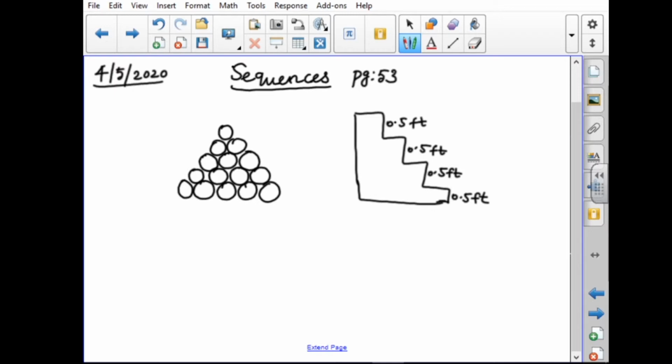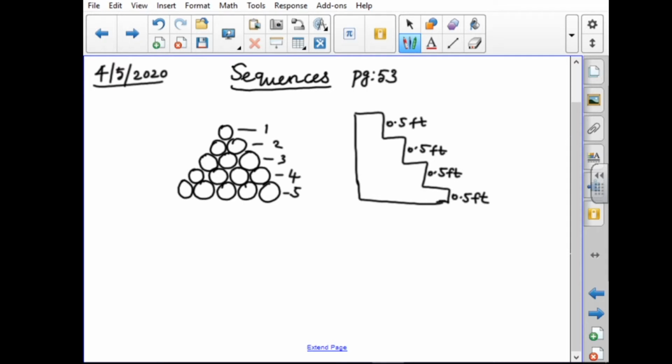Okay, how to see these two pictures. The first one, they have arranged some apples. How to see that first one? The first row contains one apple, the second row contains two apples, the third row contains three apples, the fourth row contains four apples, and the fifth row contains five apples.